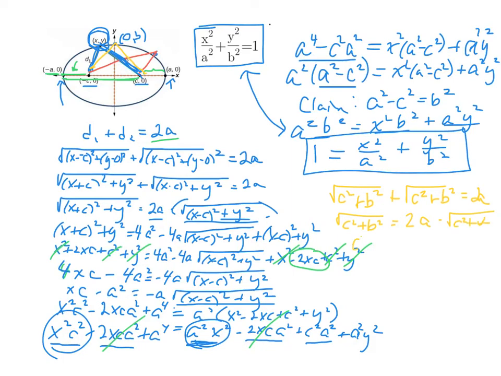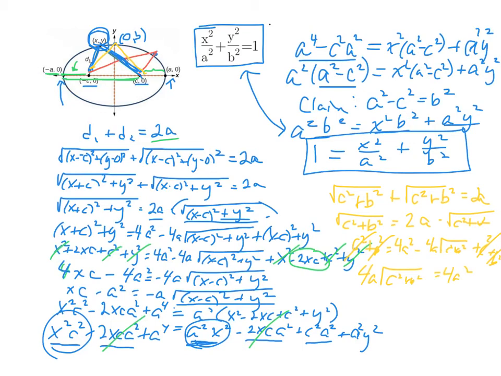Eliminate the first one and we get c squared plus b squared equals 4a squared minus 4a times the square root of c squared plus b squared plus c squared plus b squared. Okay, and so those guys are going to cancel. And we end up with 4a times the square root of c squared plus b squared is equal to 4a squared.